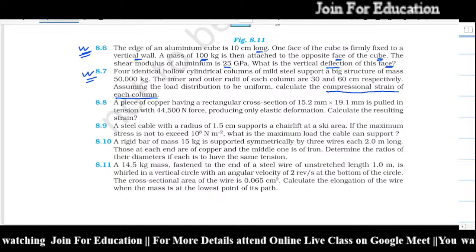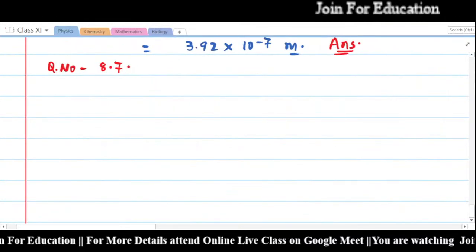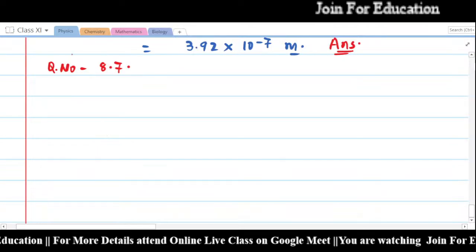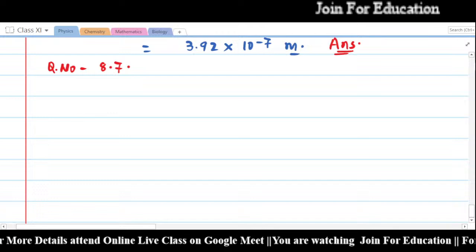First of all, we prepare the data. So we write down here. Let's see the solution.